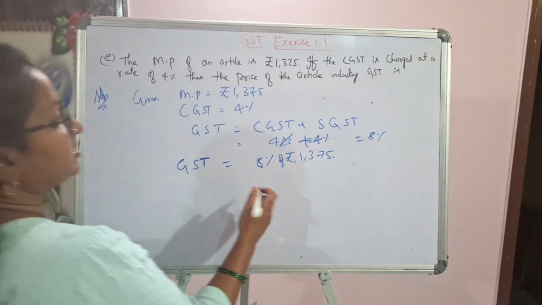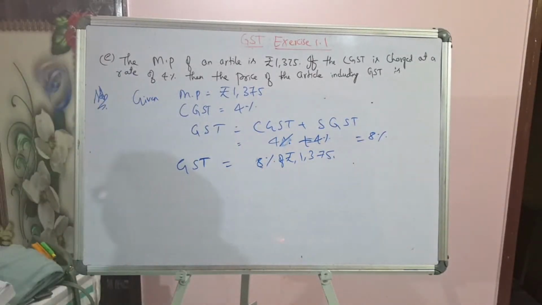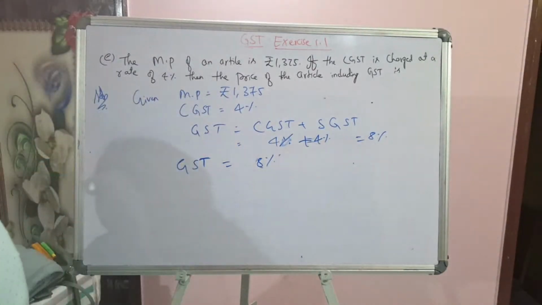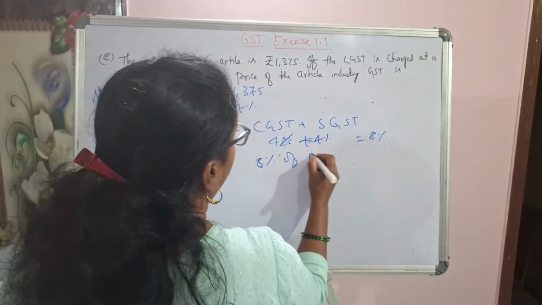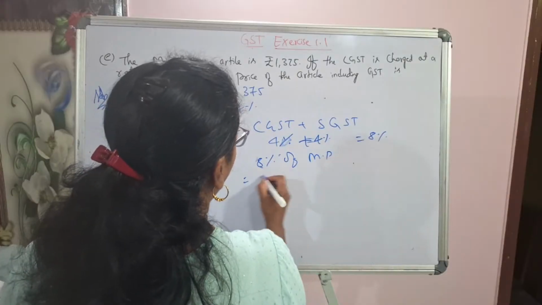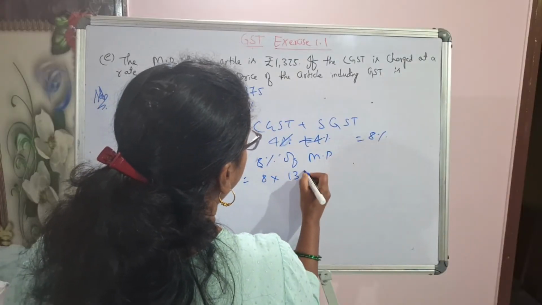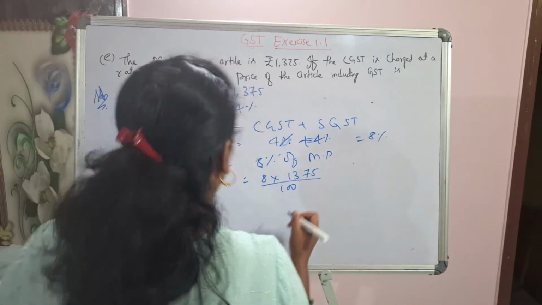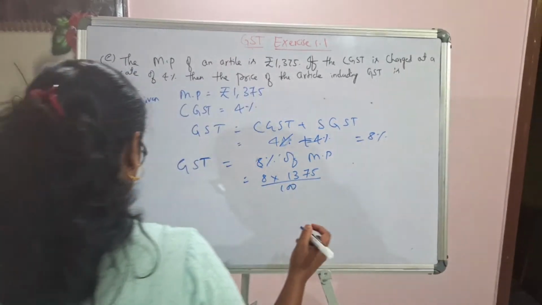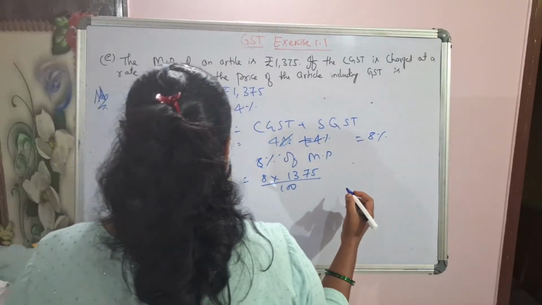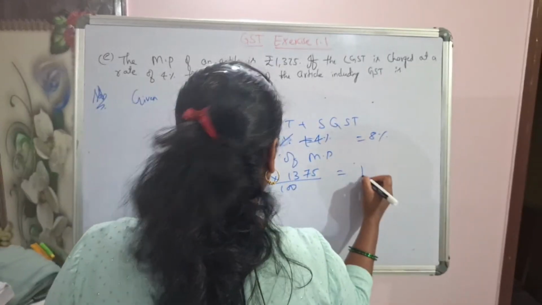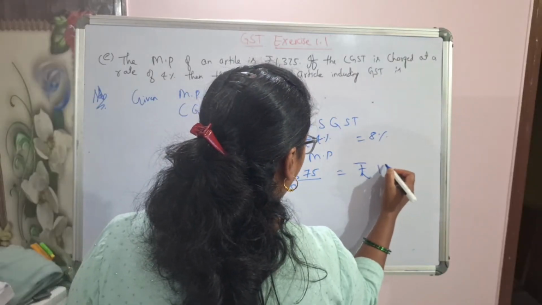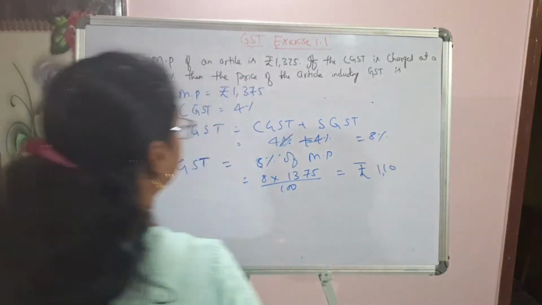That is 8% of market price, which is equal to 8 into 1375 divided by 100, which is equal to rupees 110.